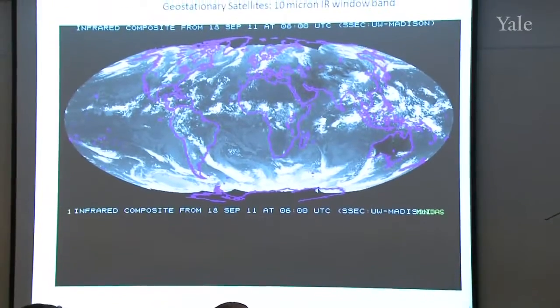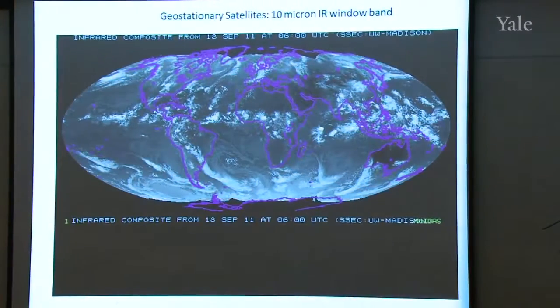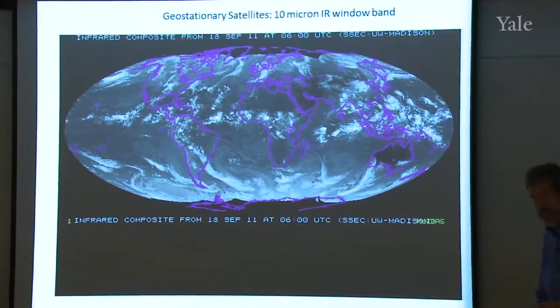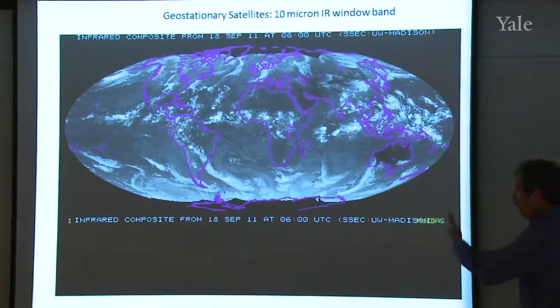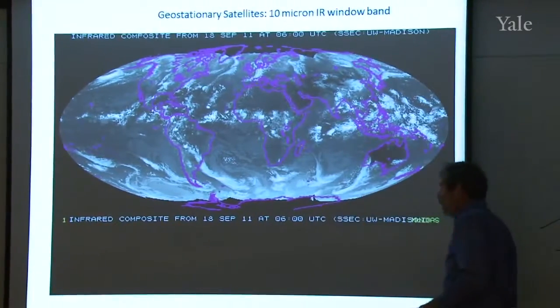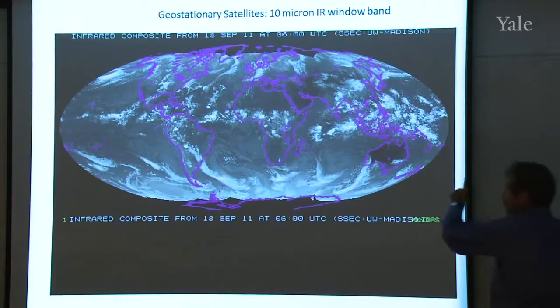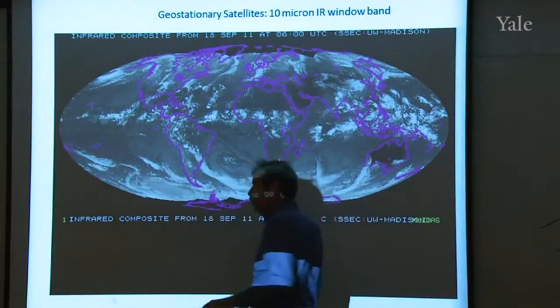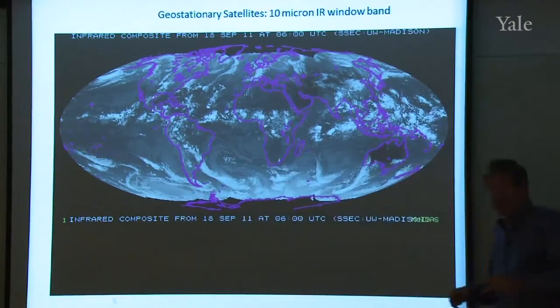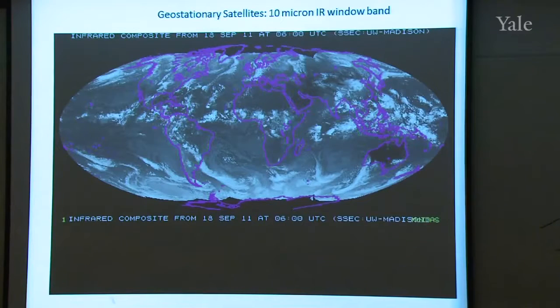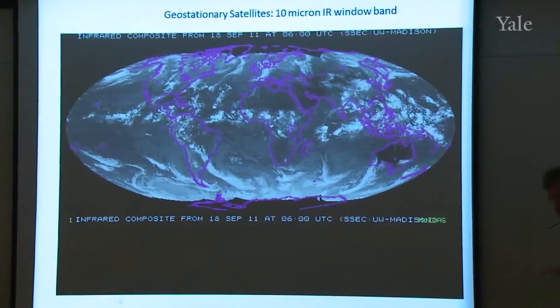The other thing is that we're not looking at reflected sunlight. You would think, well, the clouds are white. No, we're not looking at reflected sunlight. Notice that the full globe seems to be illuminated. How could that be? There's always a day side and a night side, so you couldn't ever have a situation like that. Well, we're not looking at reflected sunlight. We're looking at emitted radiation in the thermal infrared, the TIR.